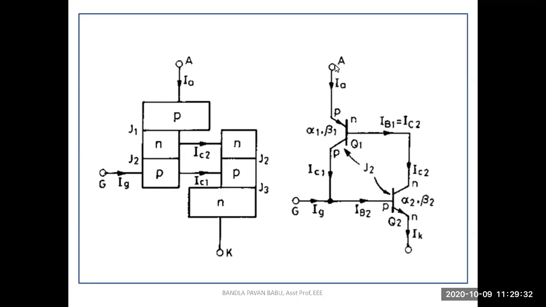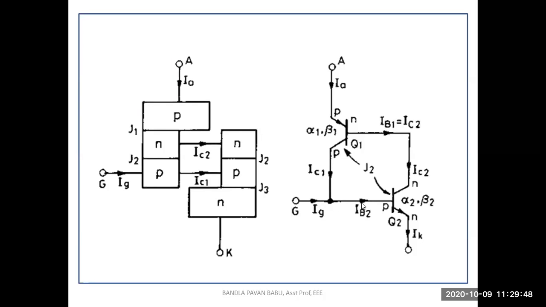It is the anode terminal. This is considered as a transistor denoted as Q1 or T1, and its collector is connected to the base of the transistor Q2 or T2.